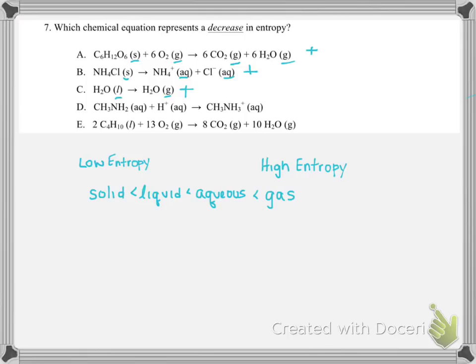Okay, for D, we have 2 aqueous things on the left, and we go to form 1 aqueous thing. And so this is a little bit subtle, but this is going to be the decrease in entropy.